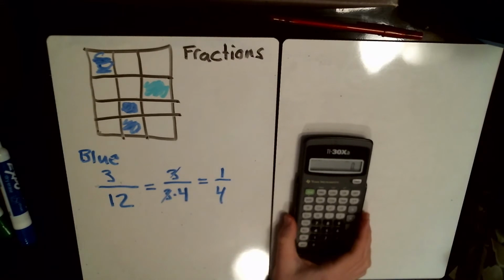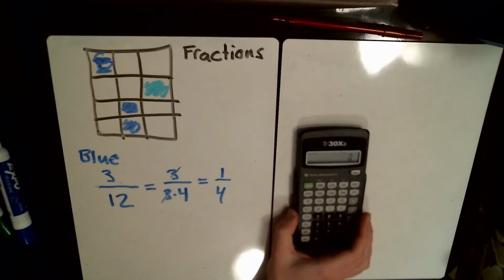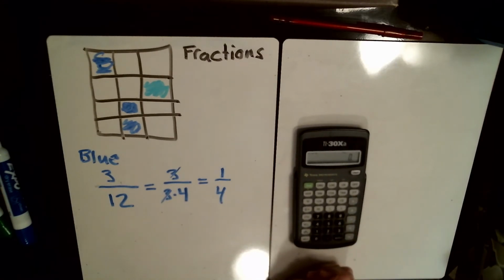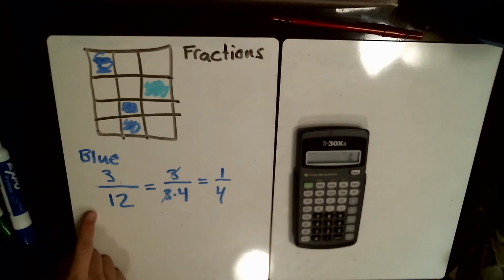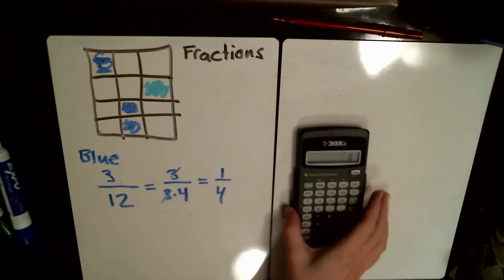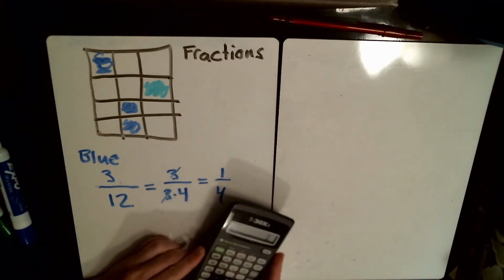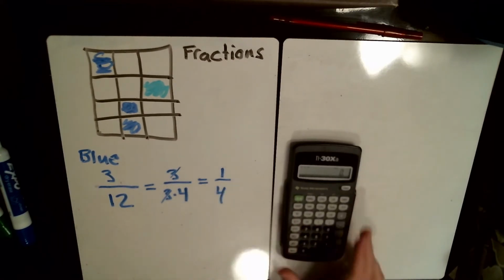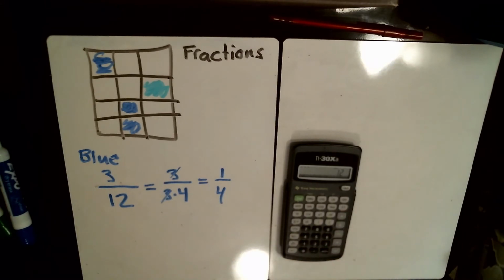And so if you take your calculator here and you actually do this division, 3 divided by 12 or 1 divided by 4, you can get a decimal, okay? So I'm going to plug that in. I'll do 3 divided by 12 first, and I get 0.25.